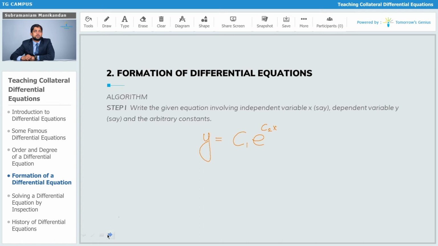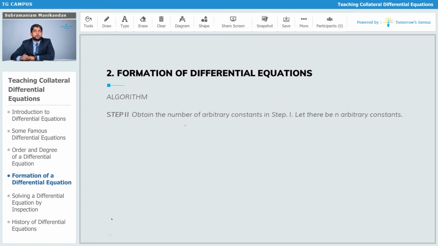In step 2, what does it ask us to do? Obtain the number of arbitrary constants. Let there be n arbitrary constants. So I will take log of that equation on both sides. We get log of y is equal to log of C1 e raised to the power of C2 times x.